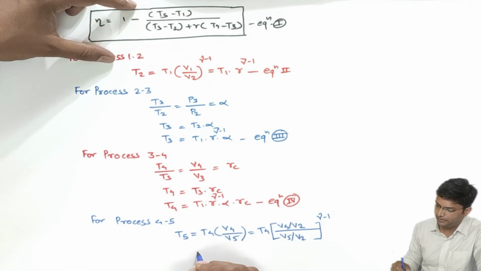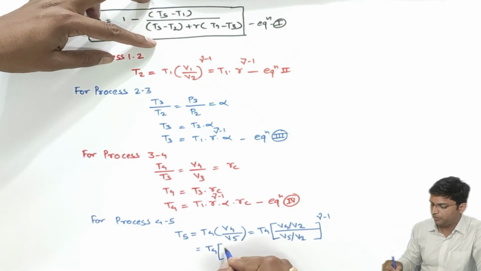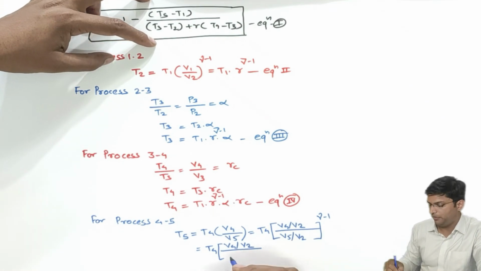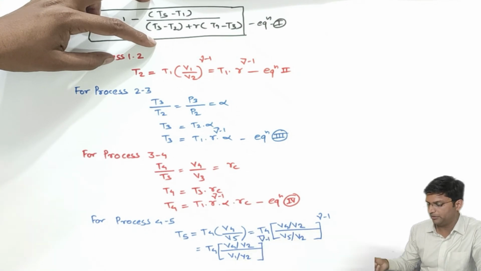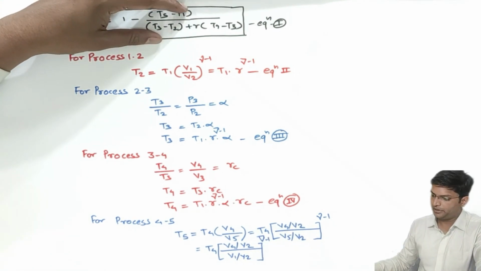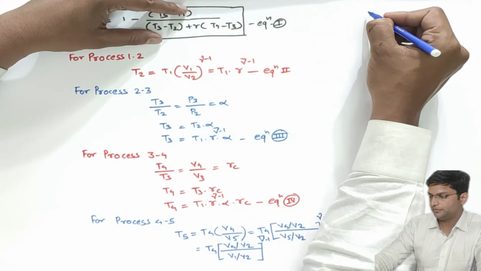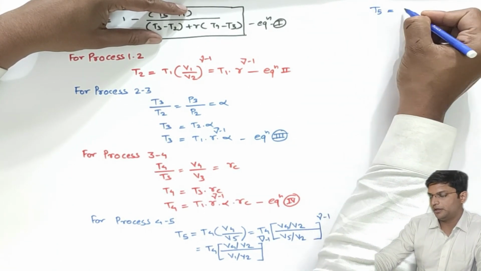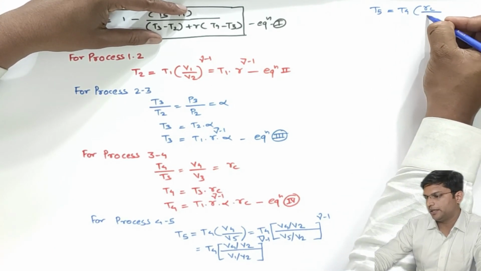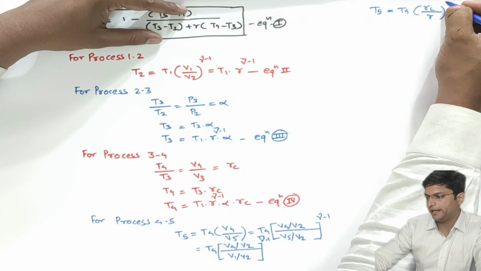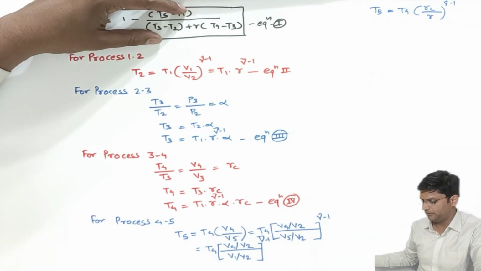Now simplifying it, T4 into (V4 divided by V2) upon (V1 divided by V2) raised to gamma minus 1. Now again we will simplify it for T5. T5 is equal to T4 times (rc divided by r) raised to gamma minus 1.